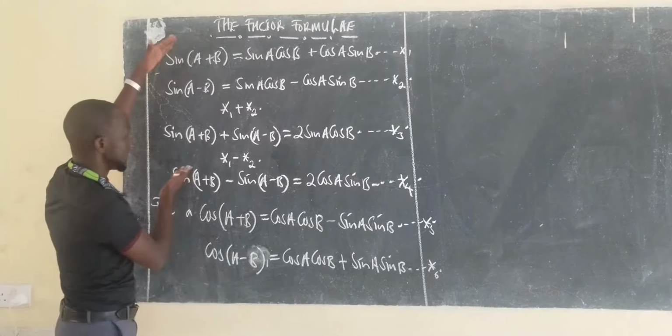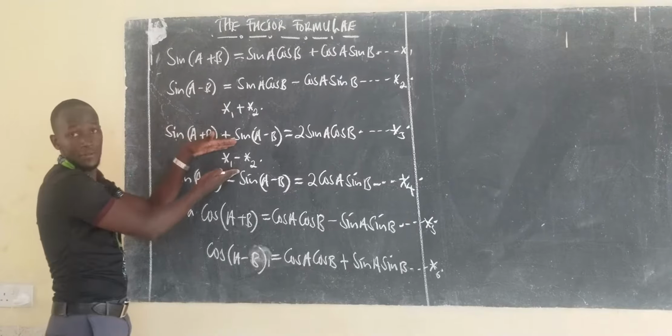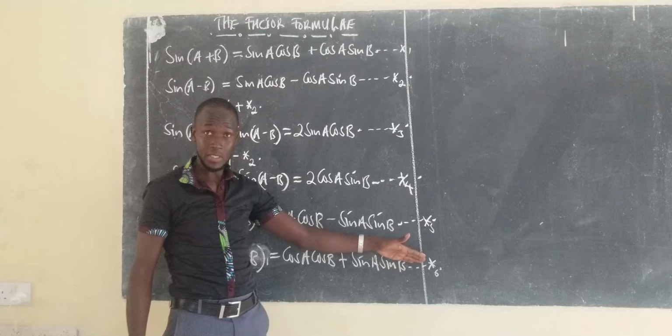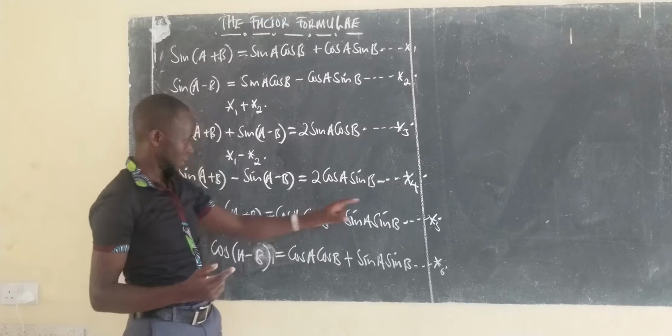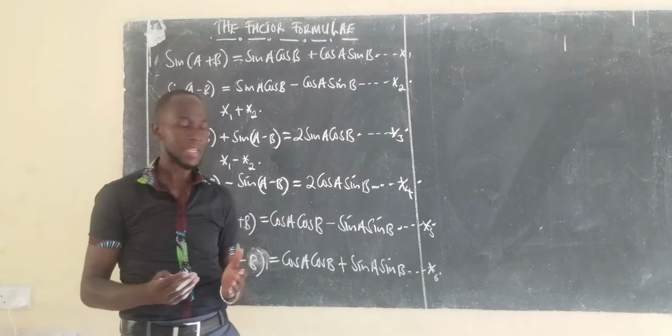Hope you remember how we did this, how you got these two. After the sum and after the difference, do the same here. Get equation 5, add on equation 6, and see the expression you're getting. After that, get equation 5 and subtract off equation 6, and also see the expression you'll be getting.